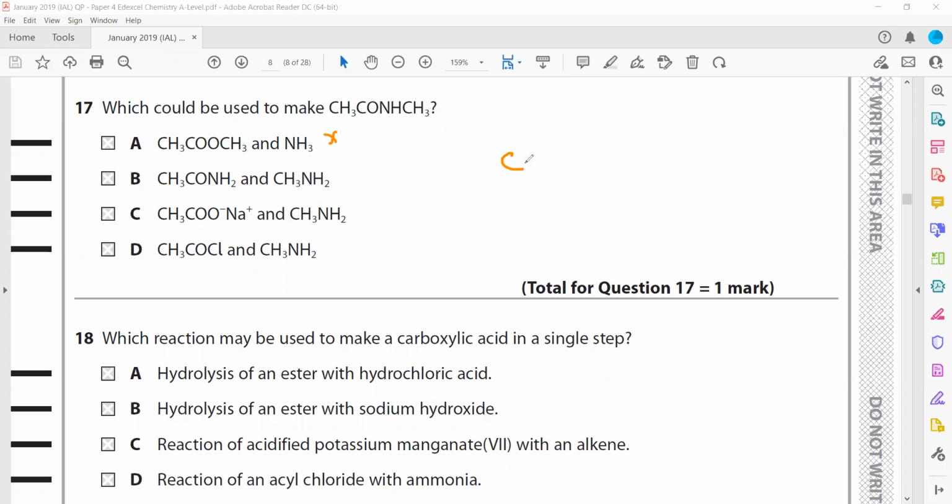So like if I have CH3, C double bonded with O, NH, and this is CH3, then there is NH. Partial positive, negative. This is partial positive.